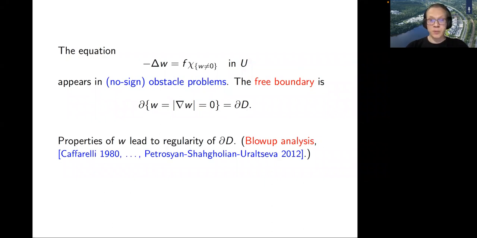And the idea in this free boundary theory is to study properties of the solution W and use those to conclude something about the regularity of the boundary. The main way of doing this is based on so-called blow-up analysis, which was systematically used by Caffarelli in these free boundary PDE questions.